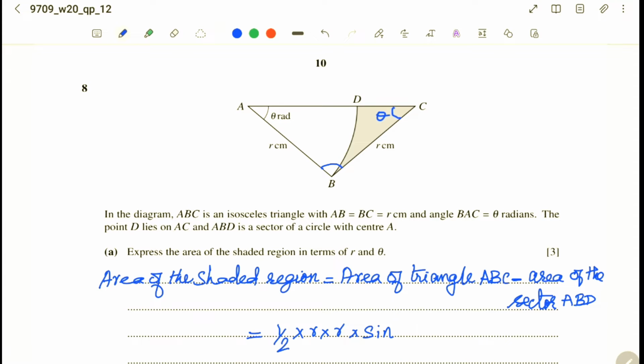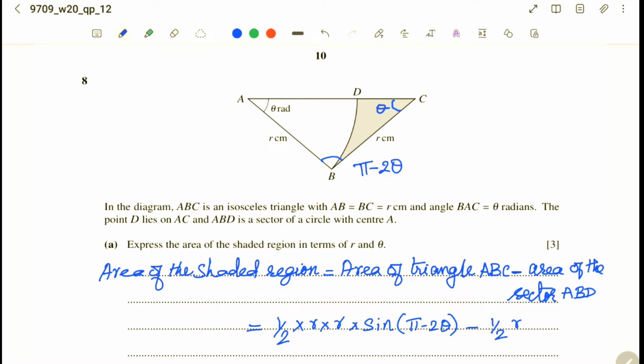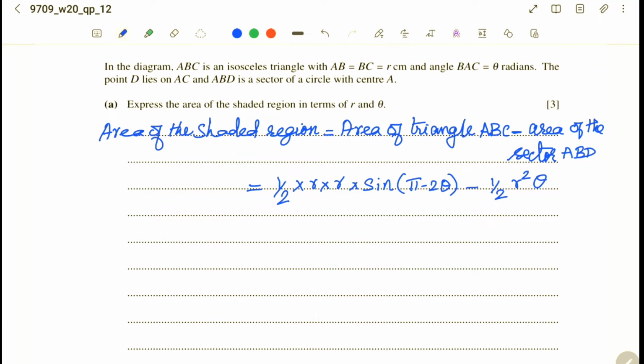So the sum of angles in a triangle is pi, so pi minus 2 theta. Area of the triangle is 1/2 r squared sine of (pi minus 2 theta), minus the area of the sector, which is 1/2 r squared with angle theta. Sine of (pi minus 2 theta) is sine 2 theta, minus 1/2 r squared theta.